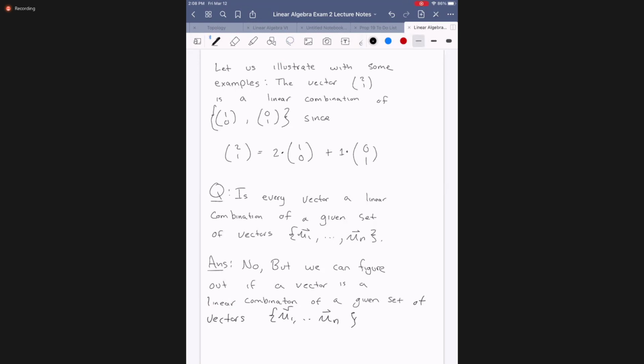So, how do we do this? Well, in the vector space Rn there's a nice, neat way to do this. Now, in every other vector space, this method won't work.